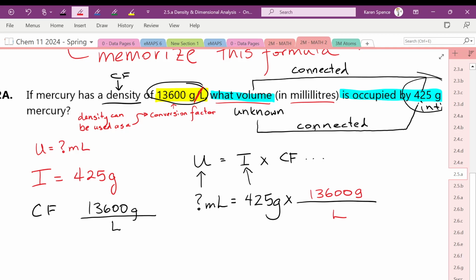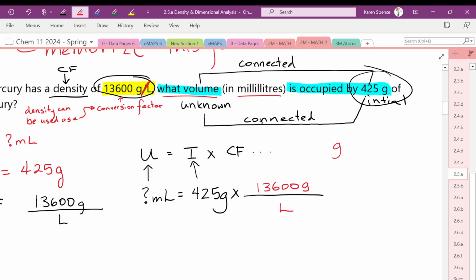What would our unit be if we were to actually do this calculation? We would have grams times grams over liters, and that would give me grams squared on the top and liters on the bottom. Is that a happy unit or is that a sad unit? That is a sad unit. So we do not want that.